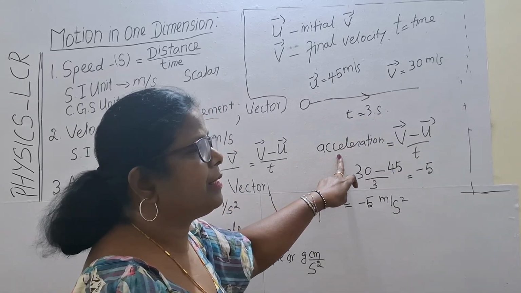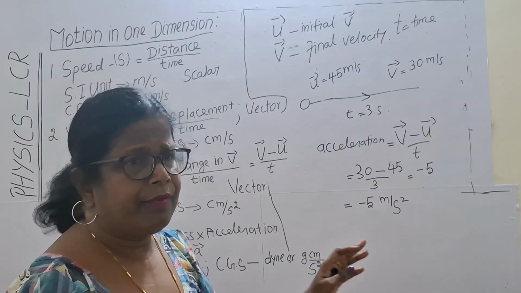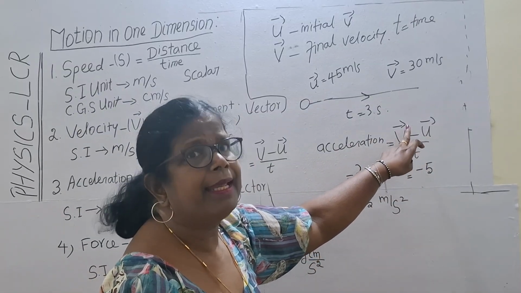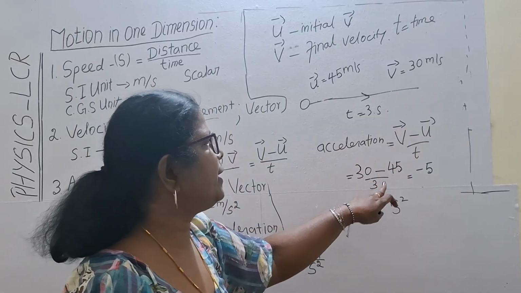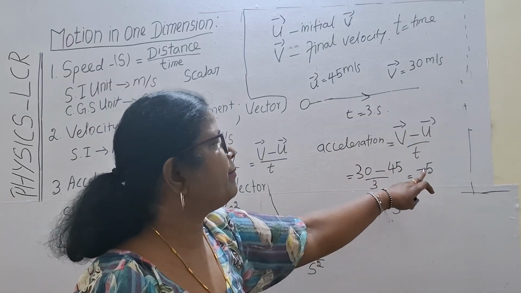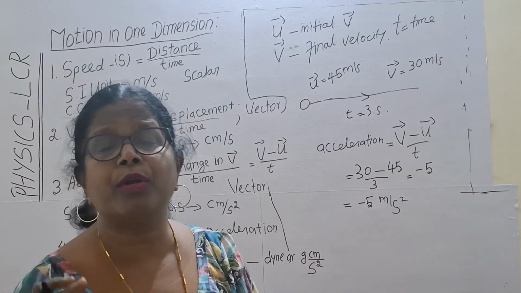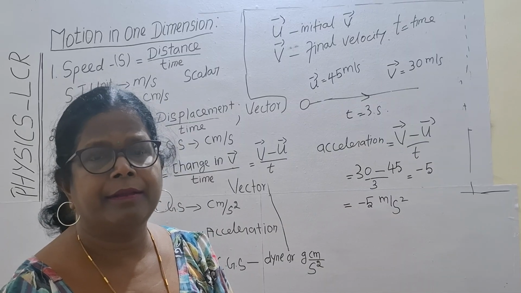So acceleration, same formula: change in velocity, final velocity minus initial velocity by time. So 30 minus 45 by 3, you are going to get minus 5. So this is also acceleration, but the speed is decreasing.